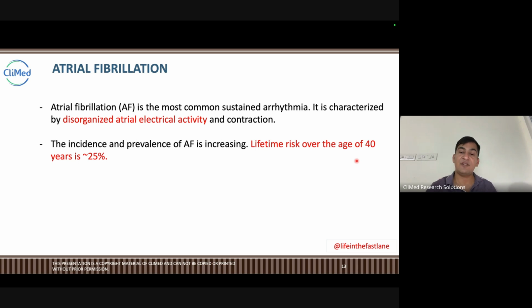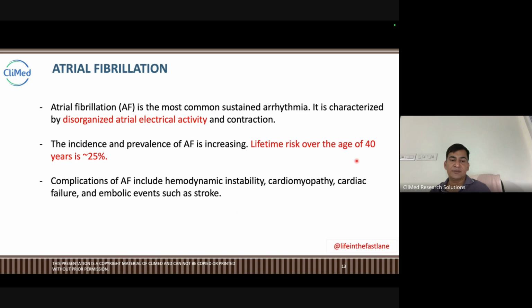If you have AF and are more than 40 years of age, it is reducing your chances by 25%. Complications of AF include hemodynamic instability, cardiomyopathies, cardiac failure, or embolic events like stroke or cardiac arrest. The patient can be in serious trouble because of atrial fibrillation.